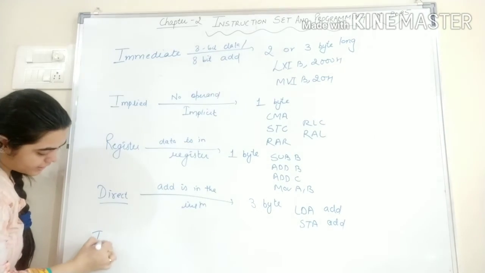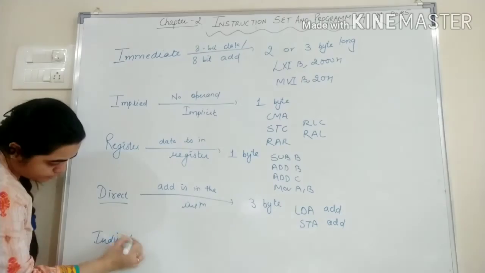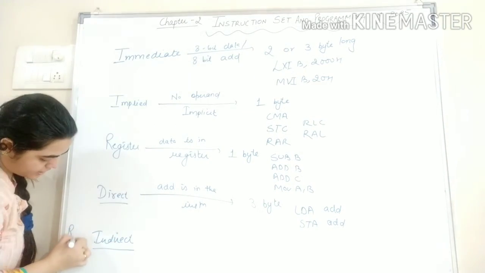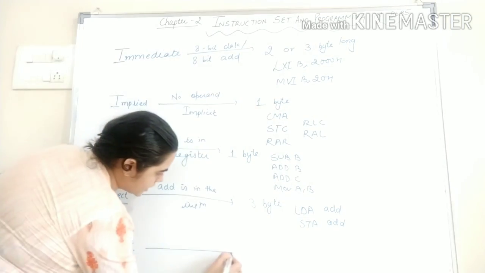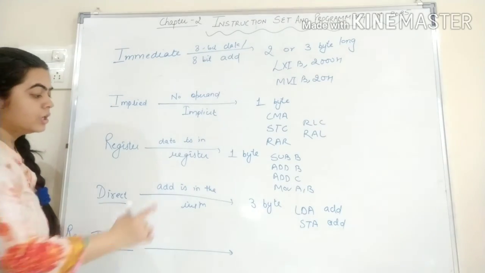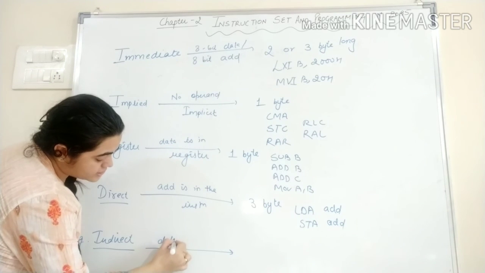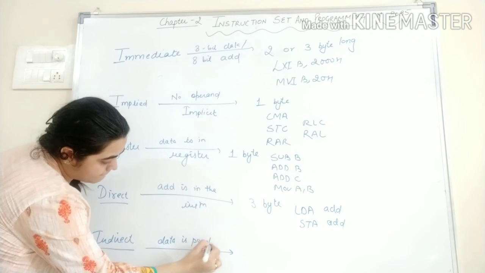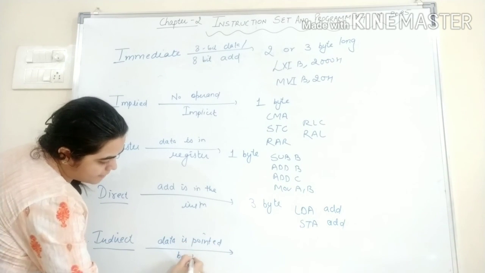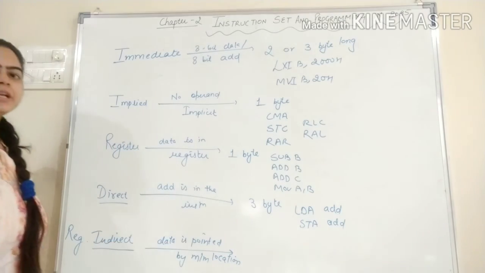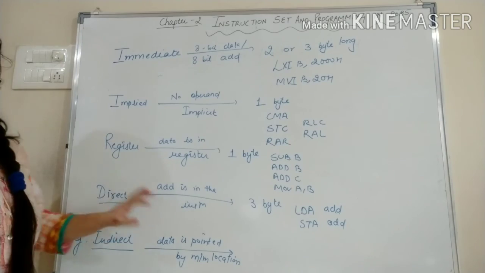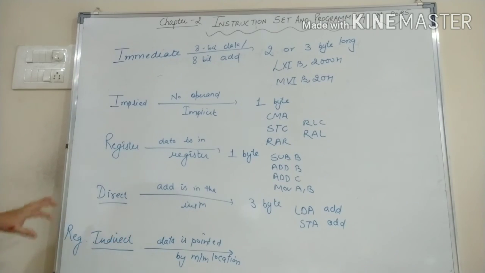Last and the most important is the indirect, or we can say register indirect, addressing mode. In this case the data is pointed to by a memory location. The data is not directly present in the instruction, and the address is not directly in the instruction.